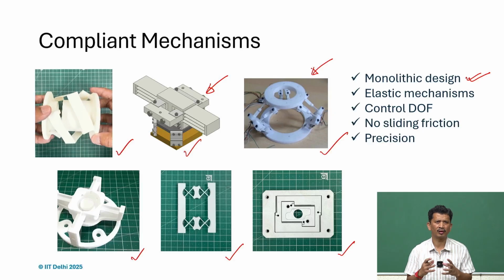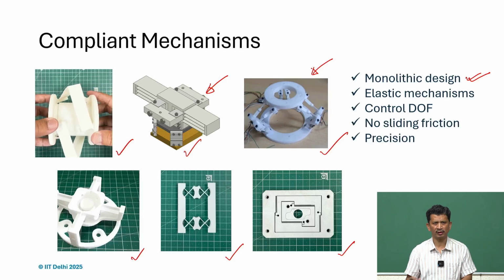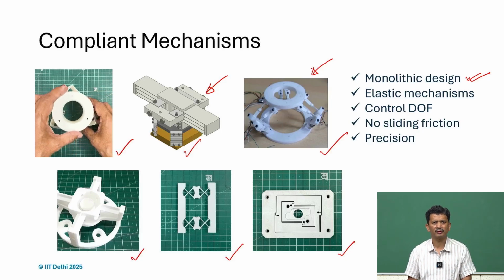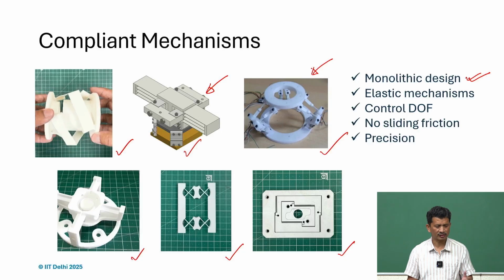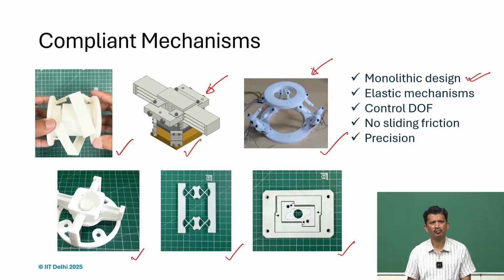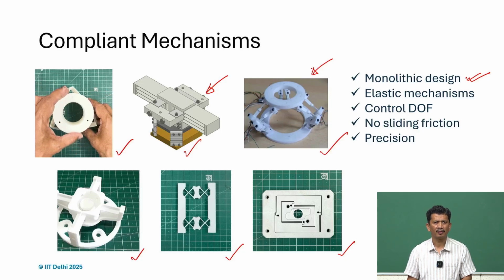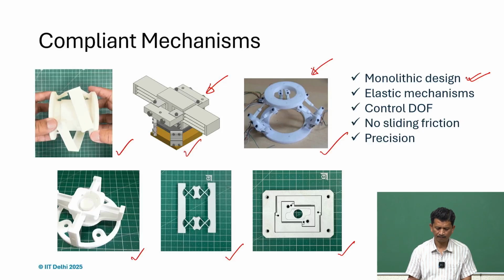Out of one block, we machine it out or we build it slowly. We have 3D printing technology available these days, not only with plastics or polymers, but we can also use metal 3D printers and make these mechanisms out of that. That's why it's called monolithic design.